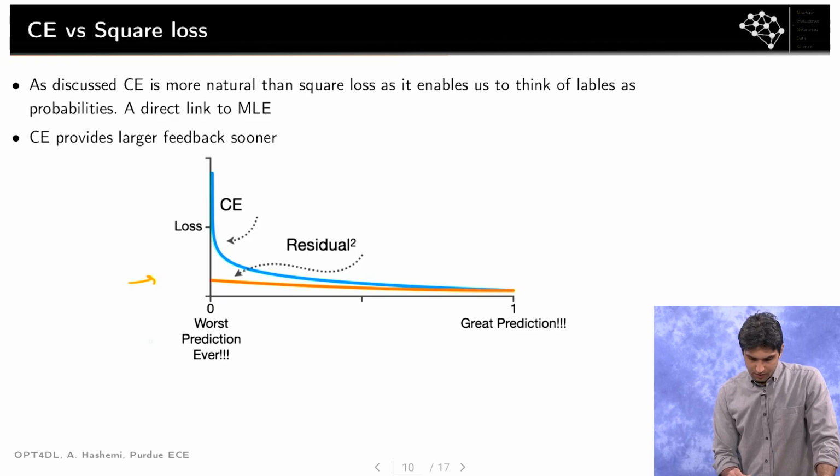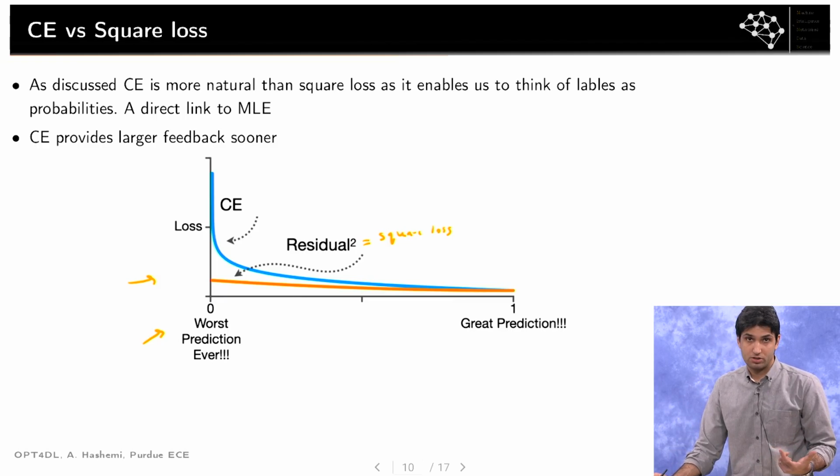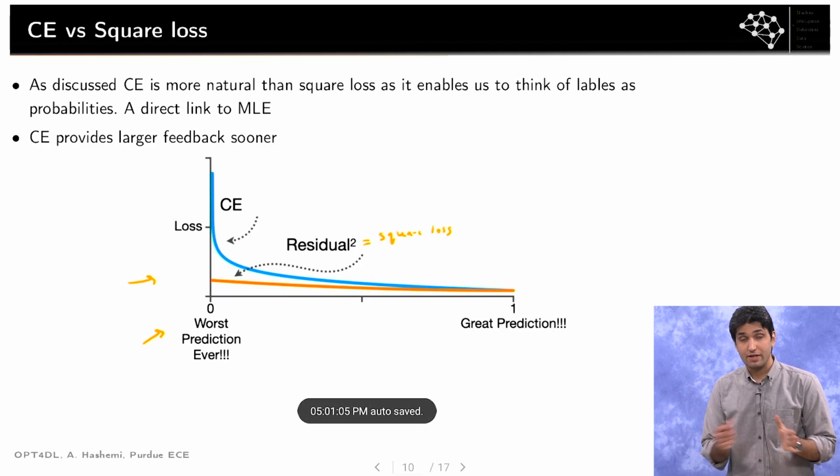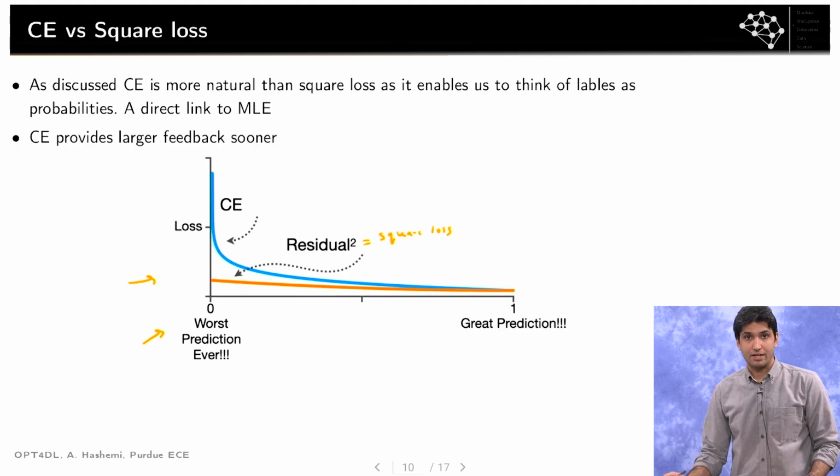In this case, if we were to follow the square loss, the loss value is not going to be terribly large. The implication is that we're not going to get a very large feedback or signal that we can use in our, let's say, SGD algorithm to update the weights. Therefore, the training is going to be slow.